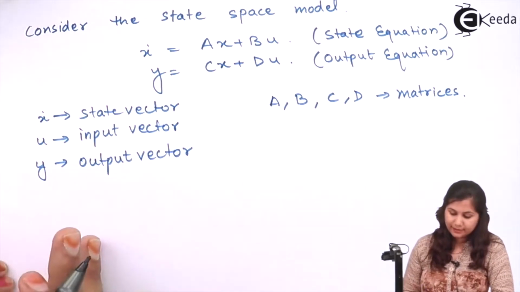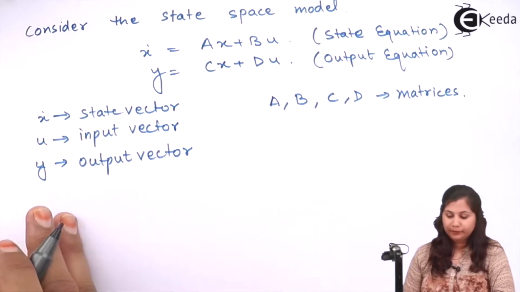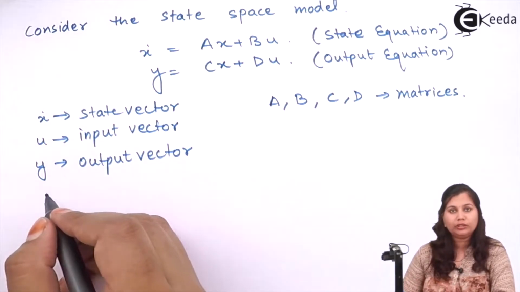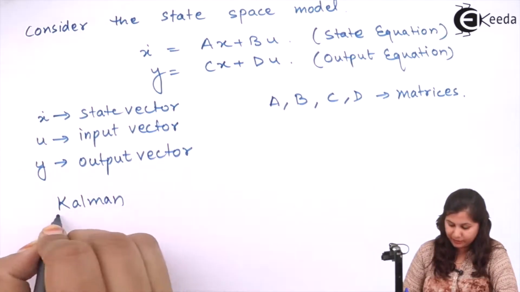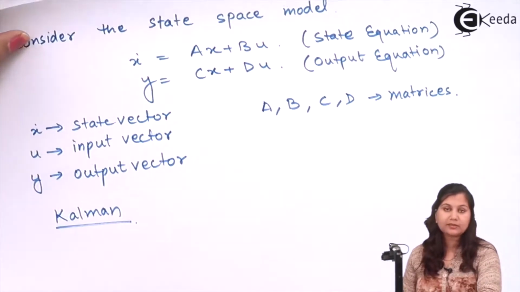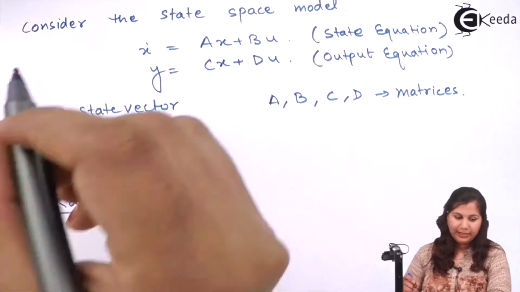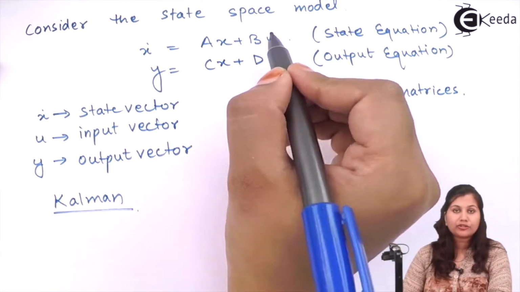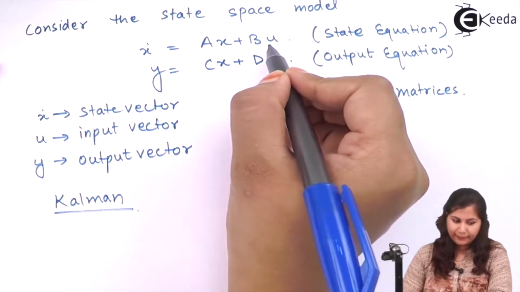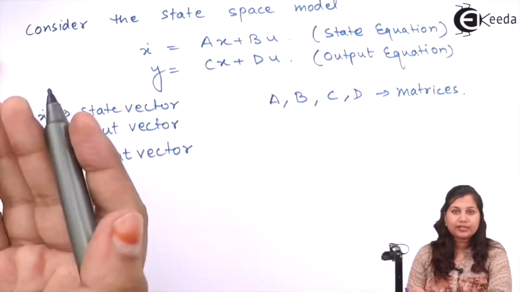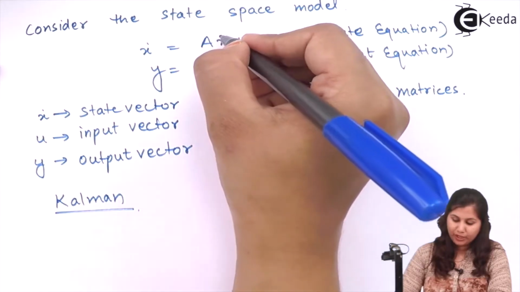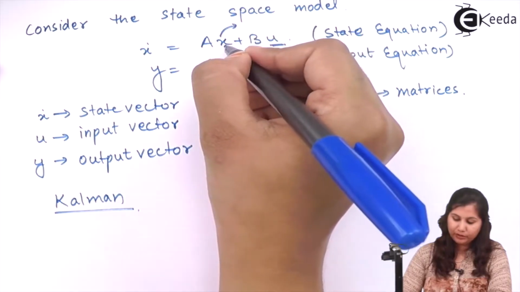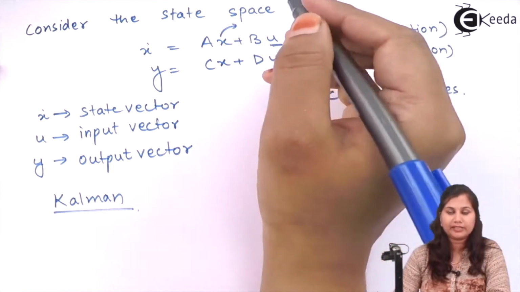Now, a system is said to be controllable. The definitions of controllability and observability as defined by the scientist Kalman are: a system is said to be controllable if a control function u(t) at the initial state x(t0) is able to transform the state from the initial state to a final state.